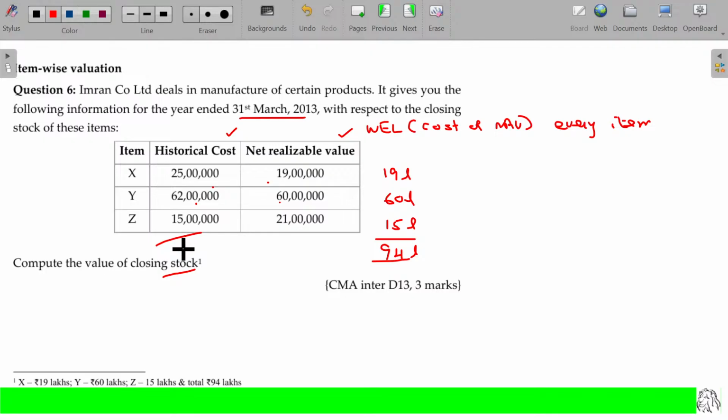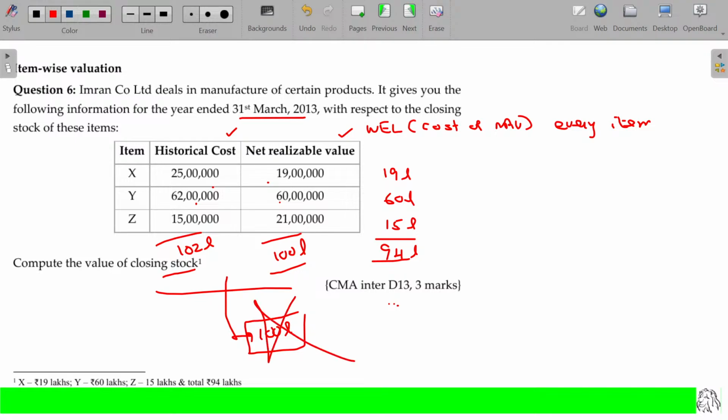Historical cost of XYZ 102 and NRV being 100. Actually, in this examination, Imran company valued the closing stock as 100 lakhs worth. Is it correct or not? That's how the question is asked. This valuation is not correct because we have to value every category of assets independently. Item wise valuation.